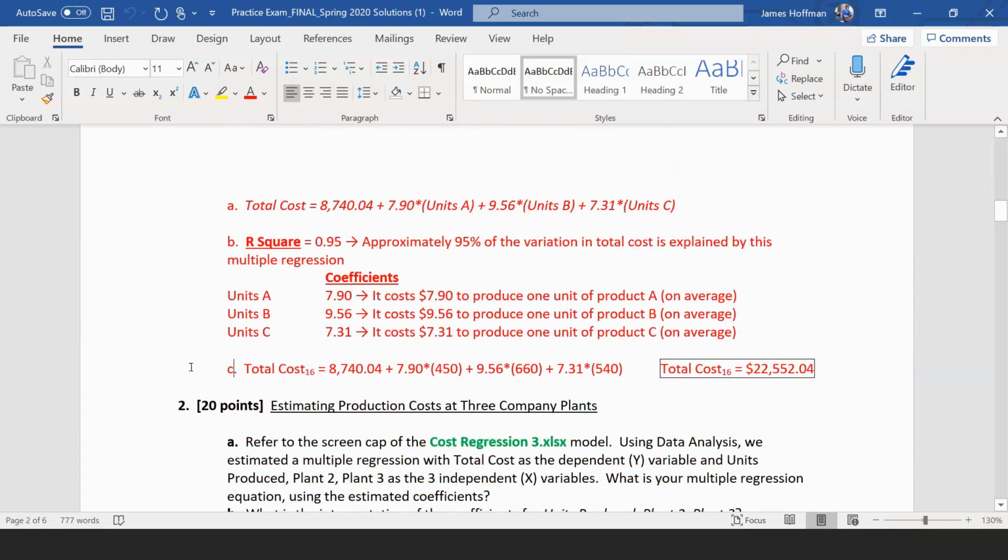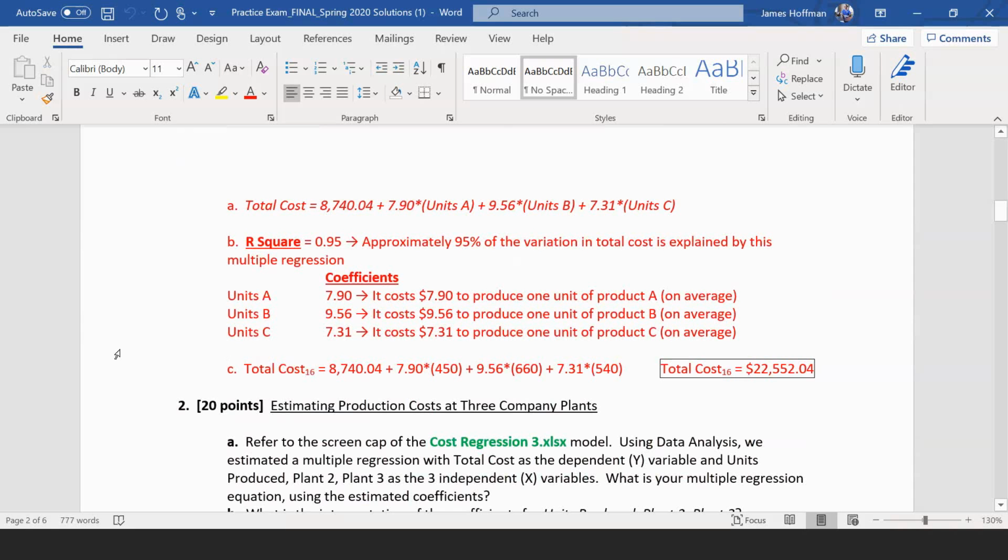All right, so here it is. The total cost for month 16 is the intercept. All right, so we're using this general equation, and then plugging in those values for units A, B, and C for month 16.